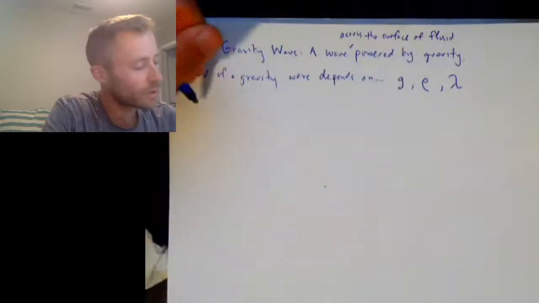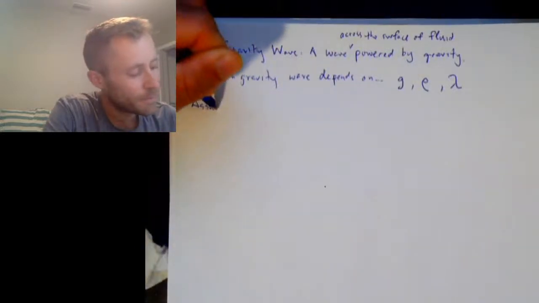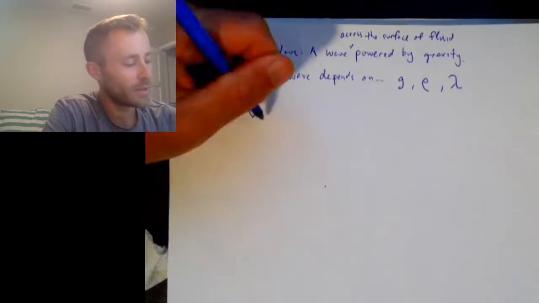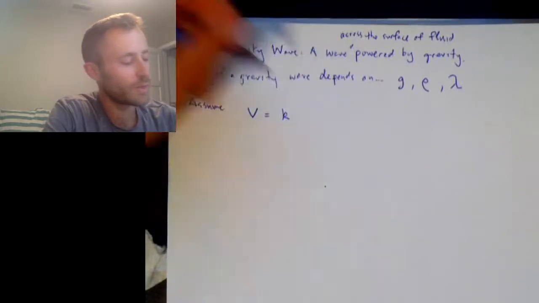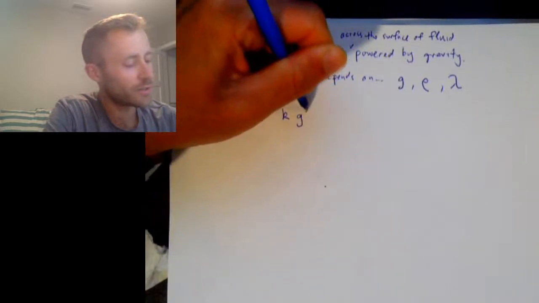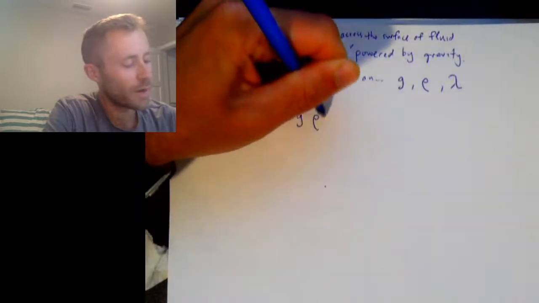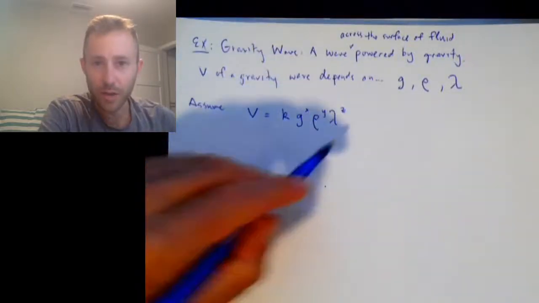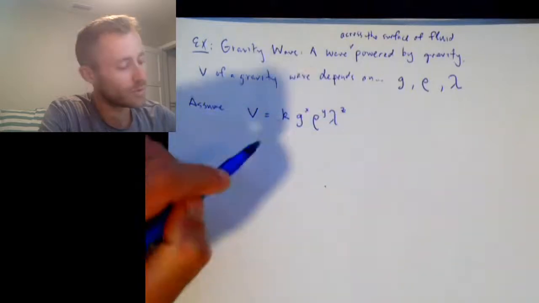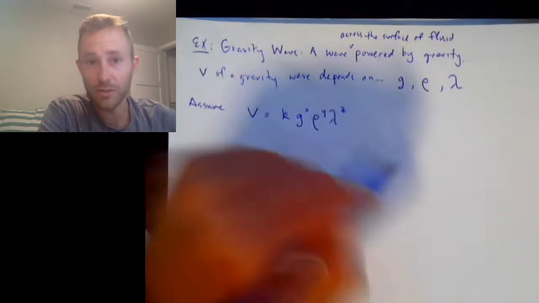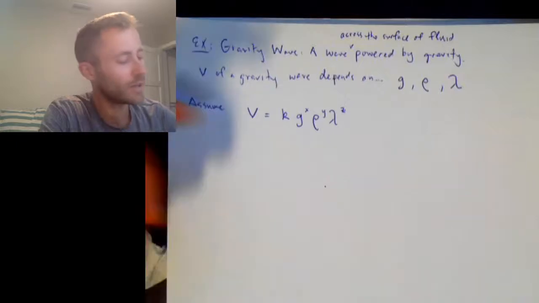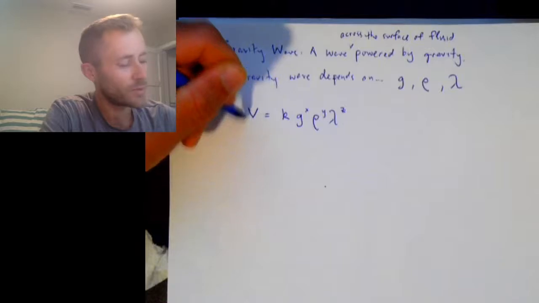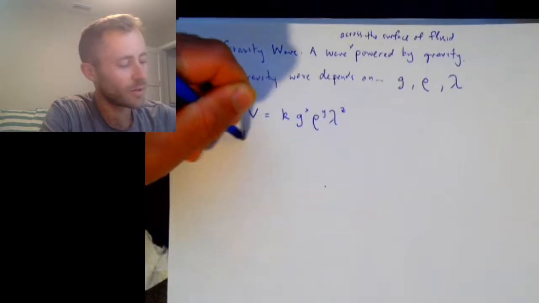So now let's assume, okay, that the speed of a gravity wave is equal to a unitless constant times g to the x, rho to the y, and lambda to the z. And we're going to choose x, y, and z such that the units on the left-hand side match the units on the right-hand side. Okay, so taking units on both sides, units of speed are length per time.